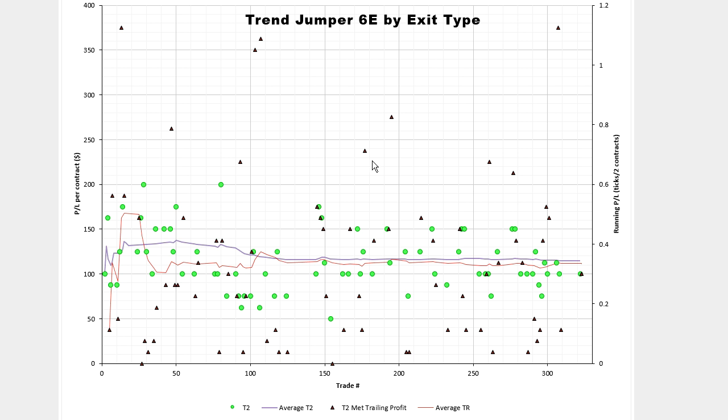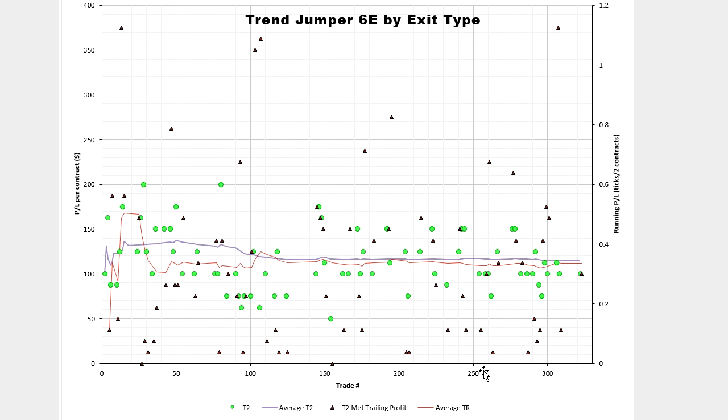I've put the trailing profit when T2 has been met for the fixed position in black, in the black triangle here, and then the average of T2 and the average of the trailing profit in purple and red, the purple and red lines here.